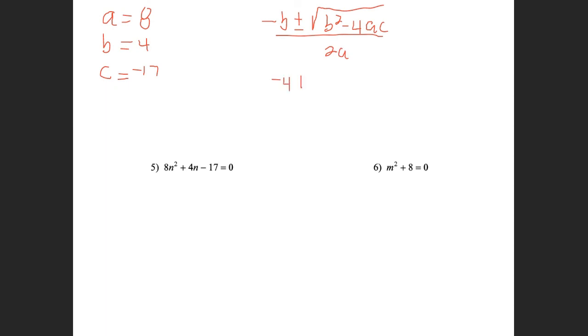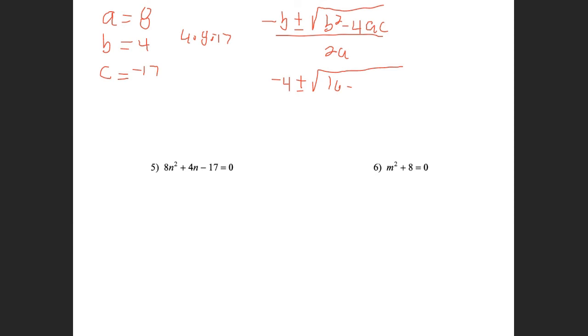So that's going to be -4 plus or minus the square root of b squared. Well, 4 squared is 16. Minus 4 times a, and I'm going to do that over to the side. 4 times a times c. Okay? So I'm going to get my calculator out here so I don't make an error on this problem.